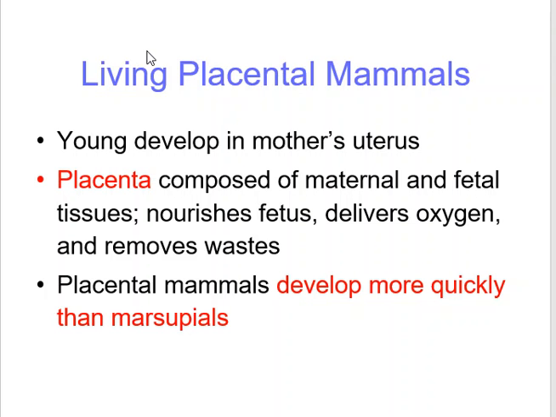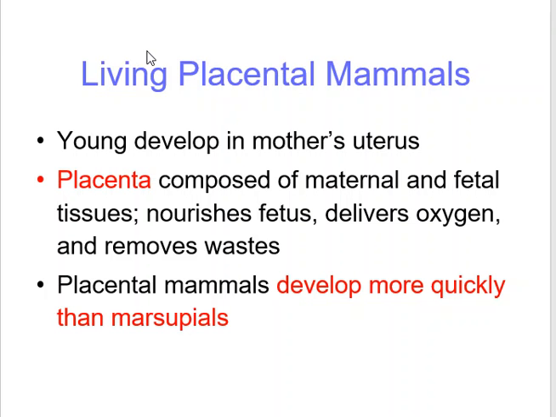The young develops in the mother's uterus, and there is a real organ that develops here. If you will, you can compare the placenta to an egg yolk. The difference is that the placenta is an organ that contains blood vessels from both the mother and the developing embryo. The nutrients are constantly transmitted from the mother to the embryo.